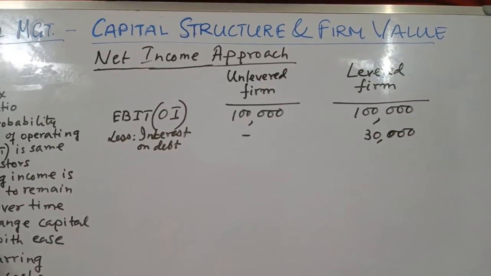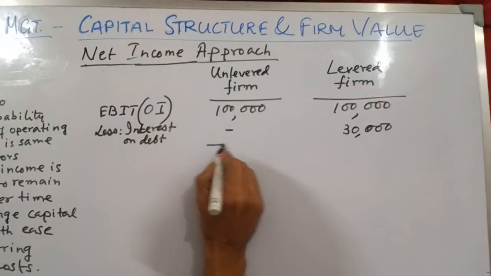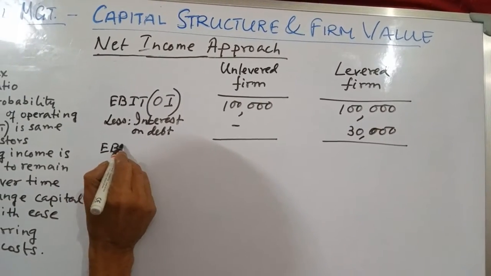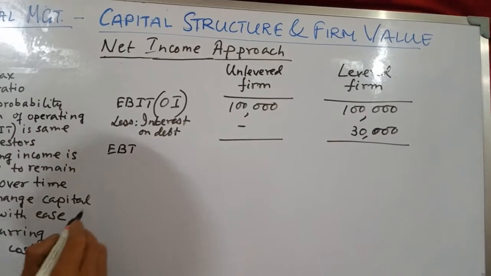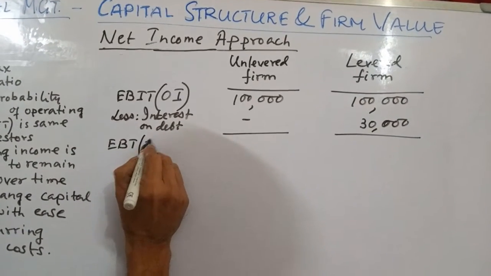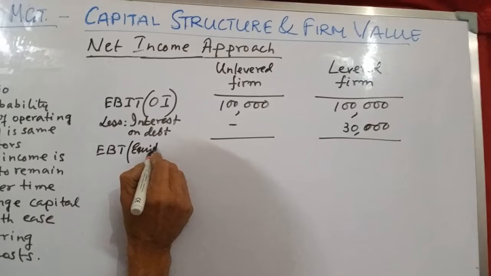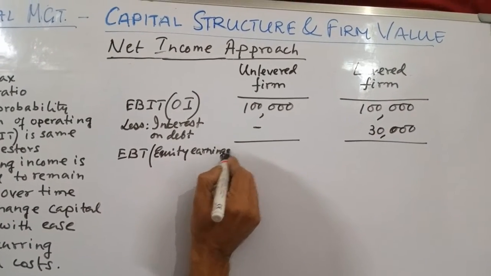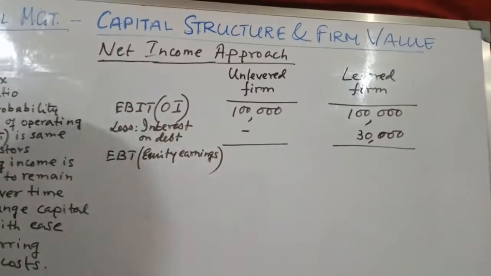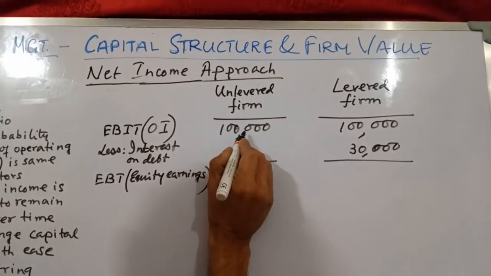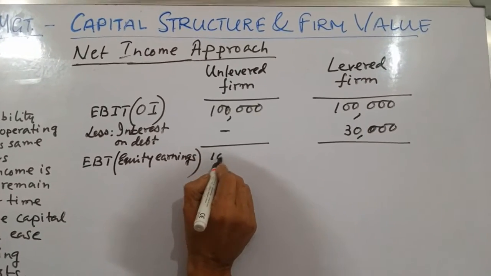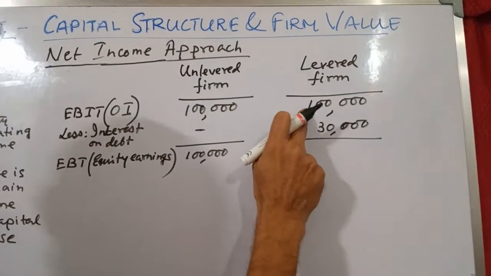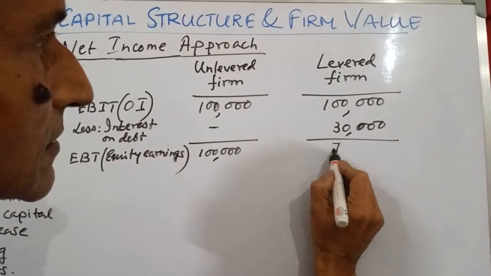Correct? Therefore, EBT, that is earnings before tax, is also called equity earnings. $100,000 minus 0, that is 100,000, and here 100,000 minus 30,000, that is 70,000.